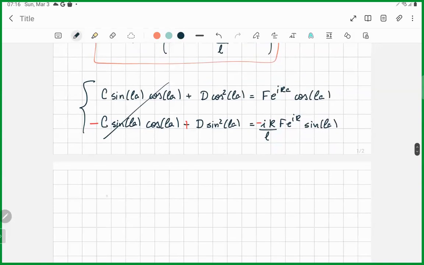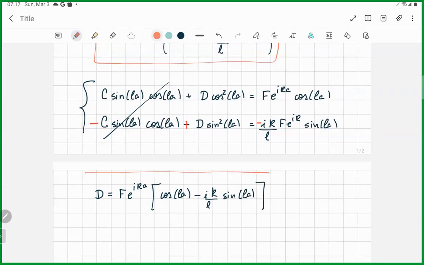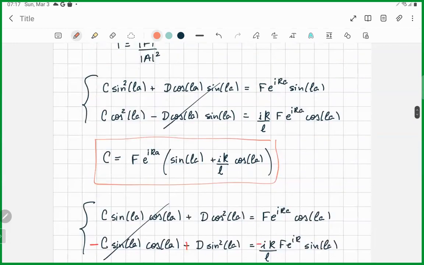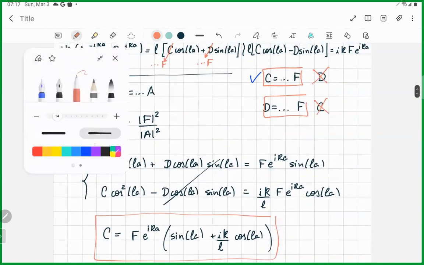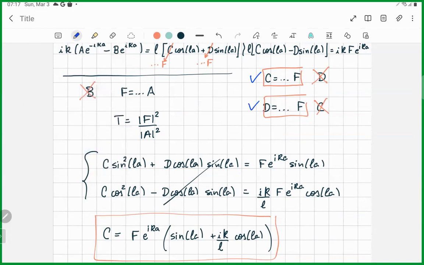We got that D is equal to FIKA, and then what we have inside? Cosine of LA minus IK divided by L, and then the sine. All right, excellent. We did what we wanted. This second part here, we did.